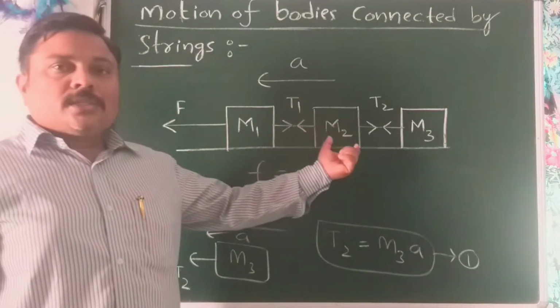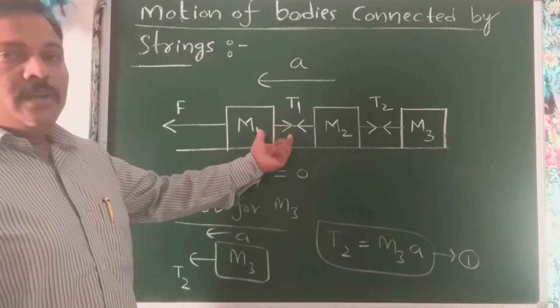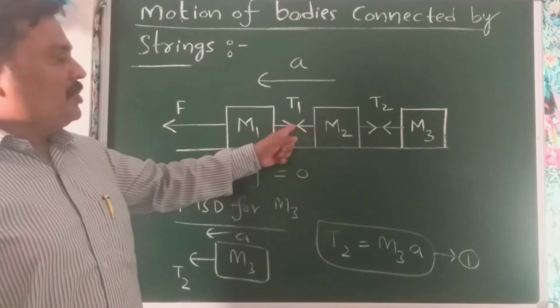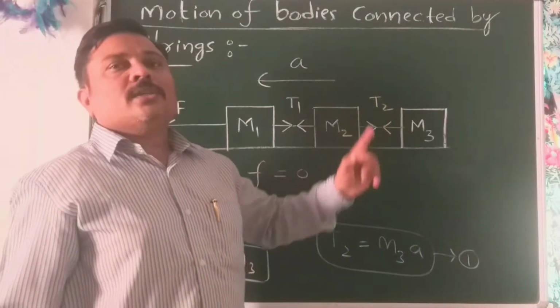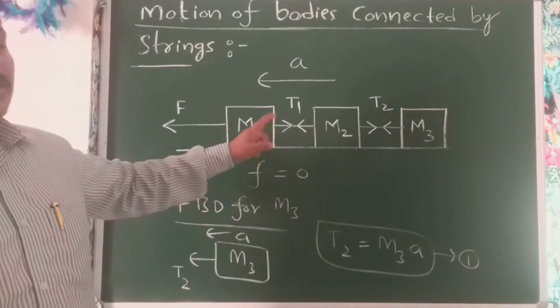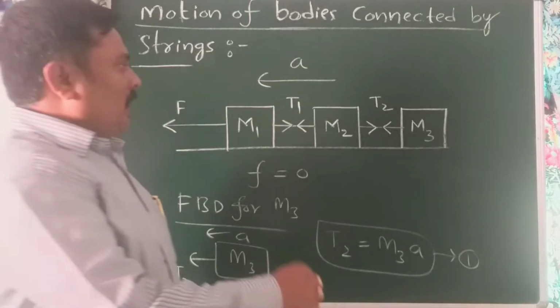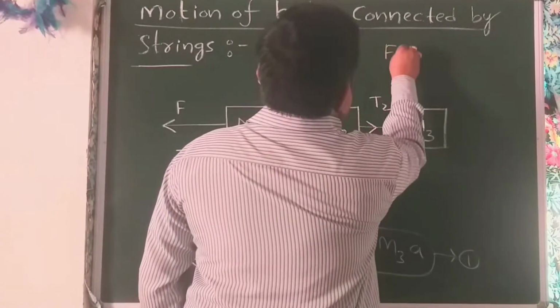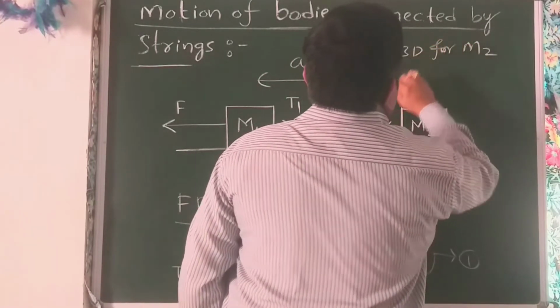Next we have to write the free body diagram for mass M2. Here mass M2 is affected by two tensions, T1 and T2. T1 is the tension due to mass M1, and T2 is the tension due to mass M3. Then mass M2 is accelerated along the negative x-axis. So what is the free body diagram here?